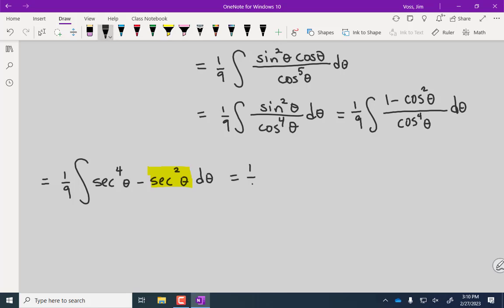So we're going to have 1/9 integral. We're going to pull off, we'll do it in 2 steps, the theta. And then let's distribute the 1/9 to the other integral, which we said has an antiderivative of tangent.